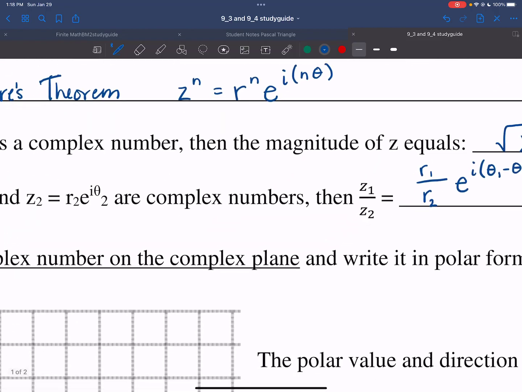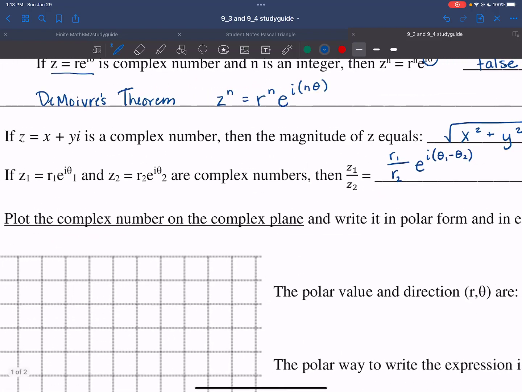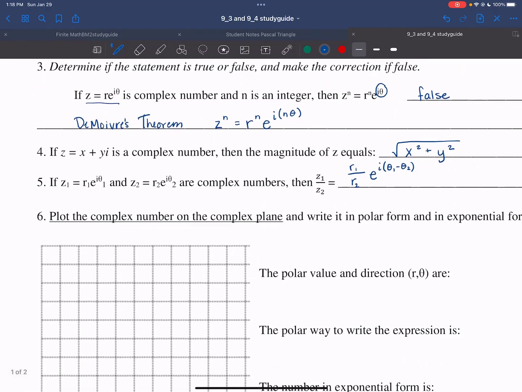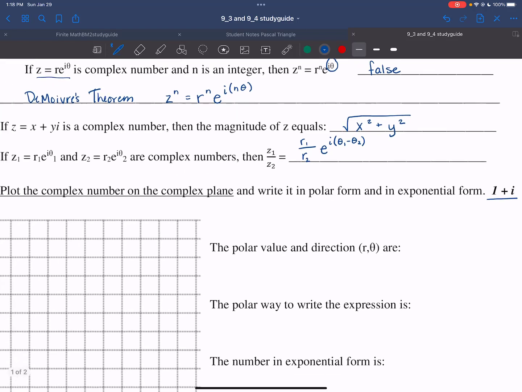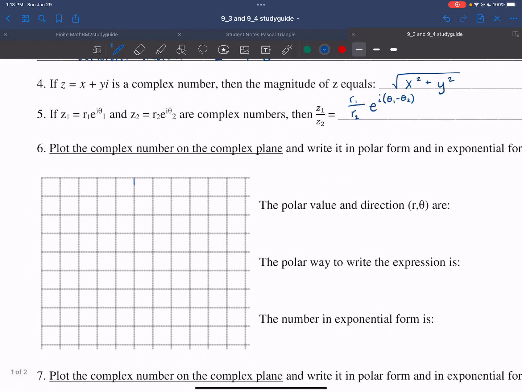All right. Next, we have: plot the complex number in the complex plane and write it in polar form and in exponential form. So we have 1 plus i. If I go ahead and make my coordinate axes, so there's one, there's another, I would have right here 1 plus i, right?